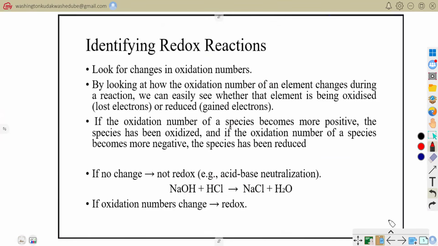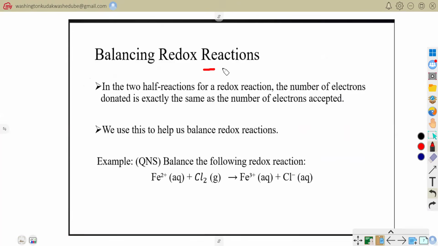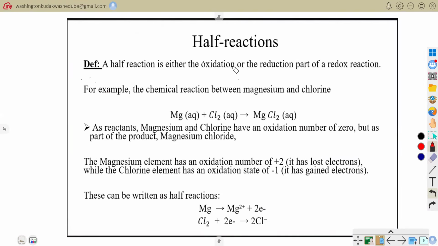So now we come to what we refer to as half reactions. On our half reactions, from our previous example, we said that half reactions represent either the oxidation part or the reduction part.